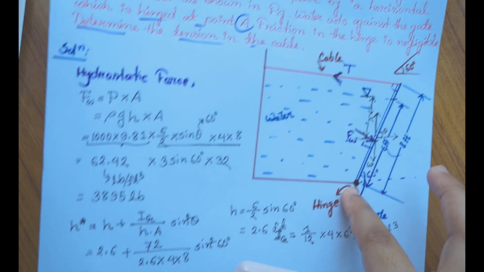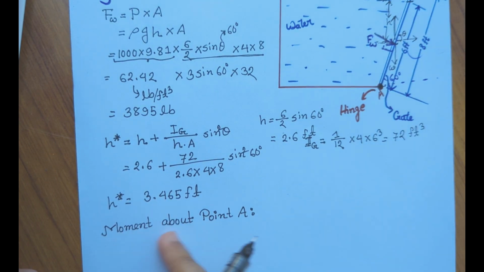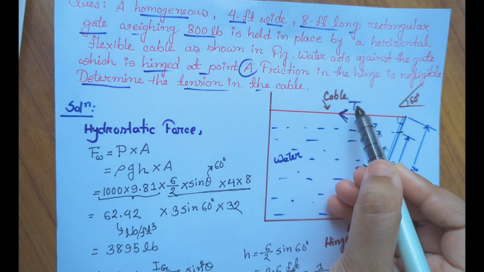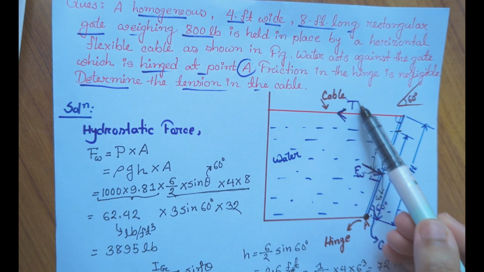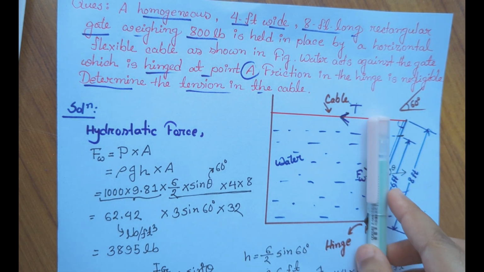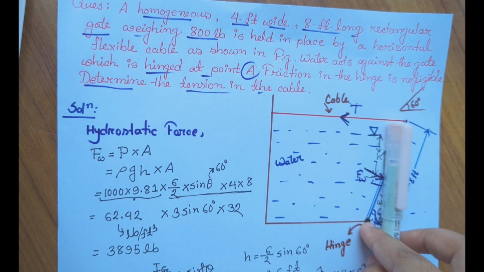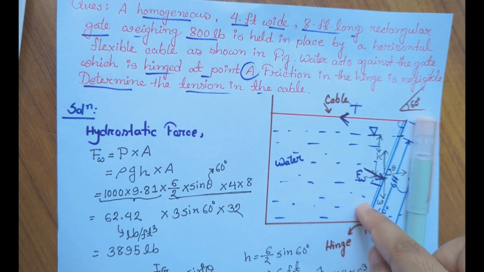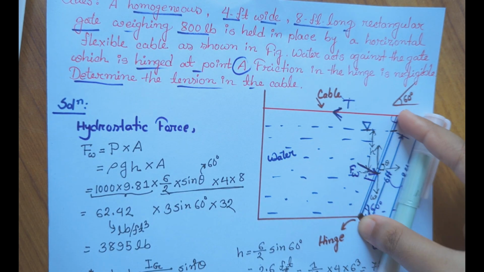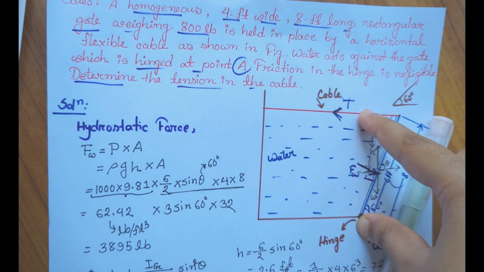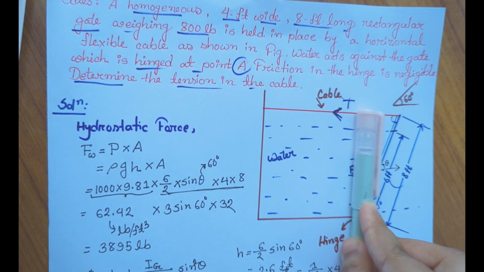We'll take the moment of these 3 forces about the point A. This is our first force, the tension force, and we need the shortest distance from the force to the point. The shortest distance is this portion, which is 8 feet, but we have to take the vertical shortest distance.